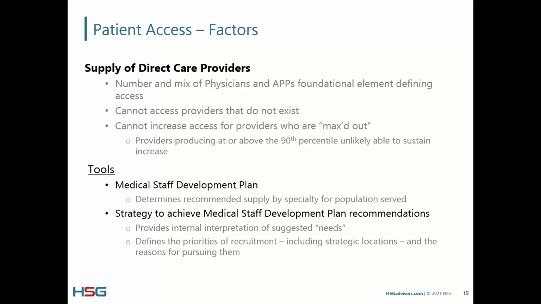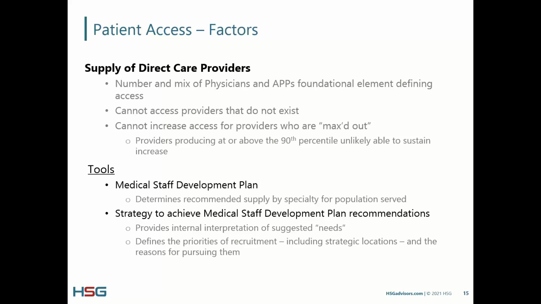So we alluded to this just a minute ago in saying if you have a provider that's producing above the 90th percentile, that individual is unlikely able to sustain any increase in access over the long term, and recruitment really becomes a better option to increase supply. However, if you have providers that are producing at the 10th percentile, the number of providers may not be the issue. It may be some of these other factors we'll talk about in a minute.